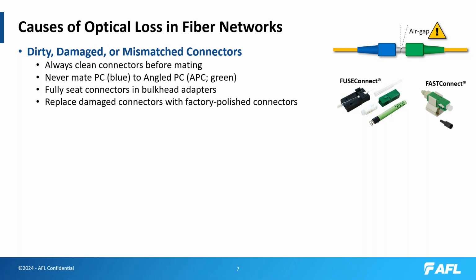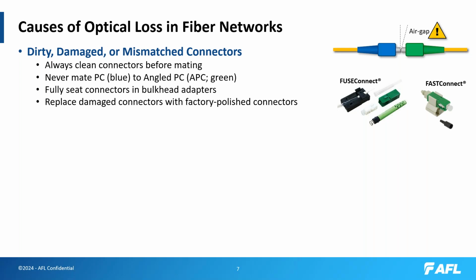And there's always a reflection at a glass-air interface, and that reflection on a UPC connector will be guided back up the network, potentially causing re-reflections, and can be a source of bit errors.